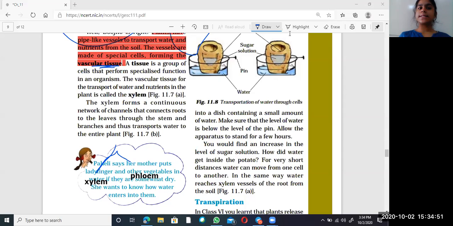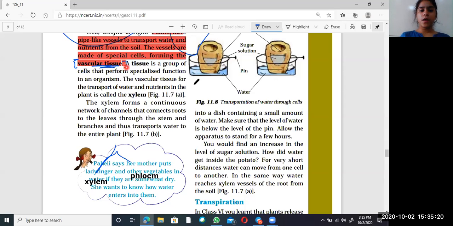अब जो आपका vascular tissue है, अभी मैंने आपको बताया कि vascular tissue होता क्या है. Vascular tissue एक ऐसा tissue है which helps in the transportation of food items, water in plants. मतलब ये vascular tissues ऐसे tissues हैं जो help करते हैं एक plant में transport water या minerals का होने का.